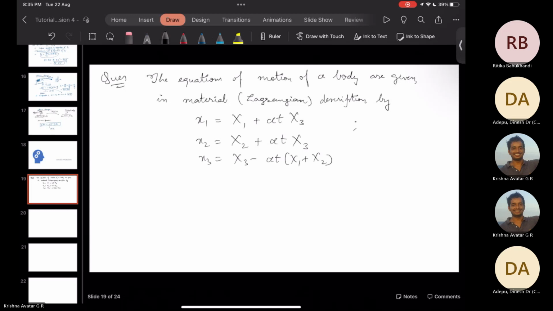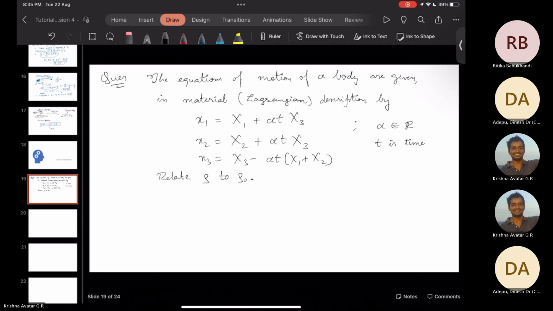Alpha is a scalar, an element of R, and t is time. Our goal is to relate rho to rho naught, the mass densities in both configurations.